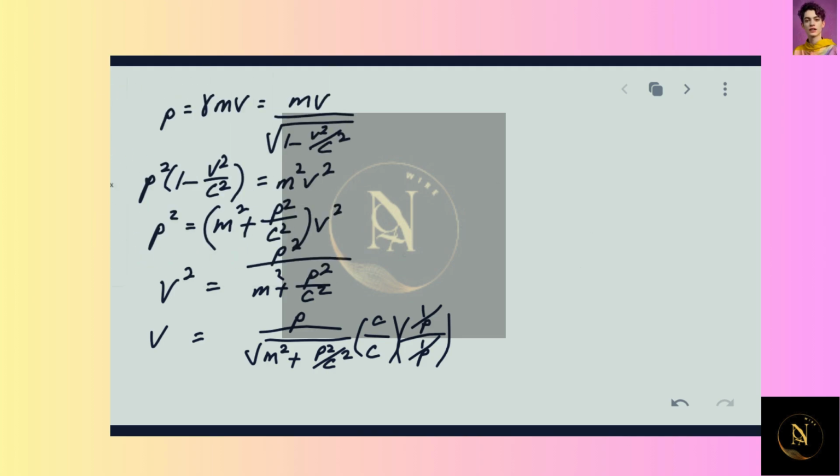So what we get is that v equals c over the square root of m squared c squared divided by p squared, plus 1.